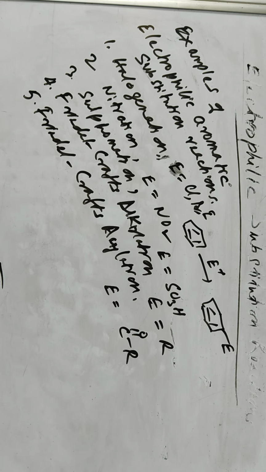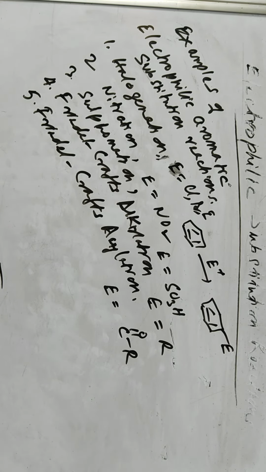However, aliphatic electrophilic substitution reactions are broadly classified as SE1 and SE2. When the transition state of the rate determining step involves only one species, it is SE1, unimolecular.